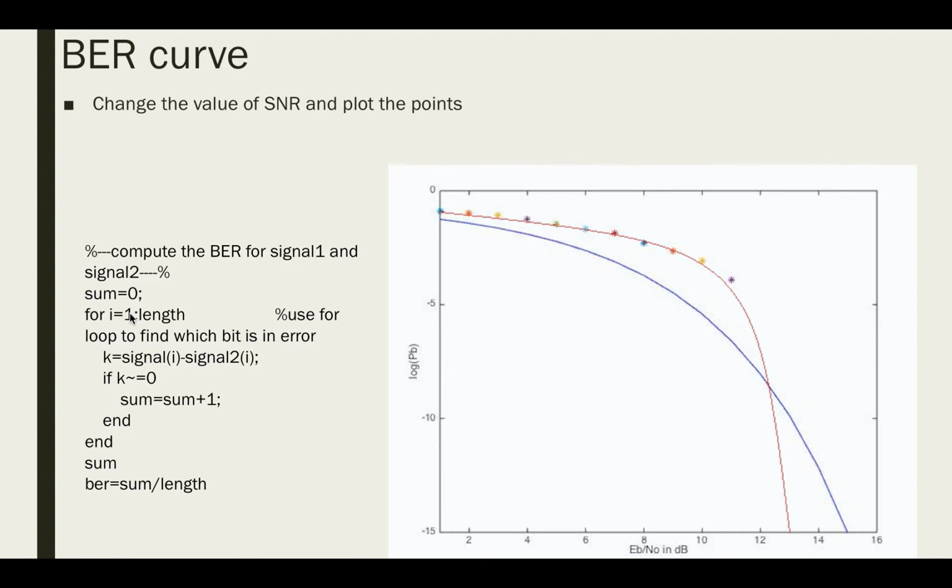And finally, this is a BER curve I drew for different values of SNR. I plot the points in MATLAB, and I draw an approximate curve for this, and I compare it with the QPSK curve.